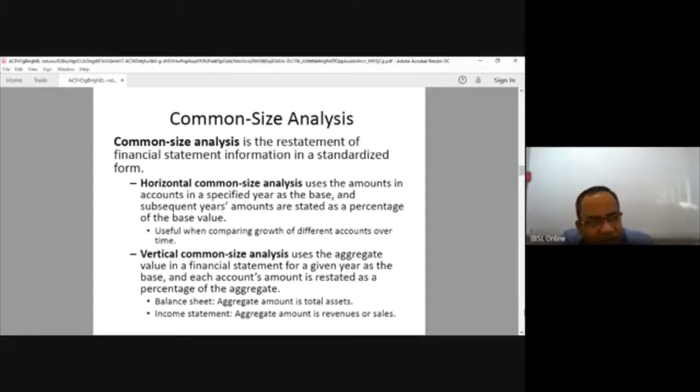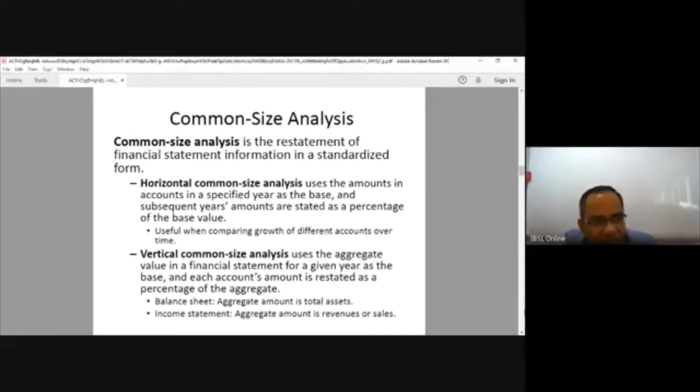You do a common size analysis because in an industry you have companies which are big and small; their turnovers, profit volumes, and assets are different.